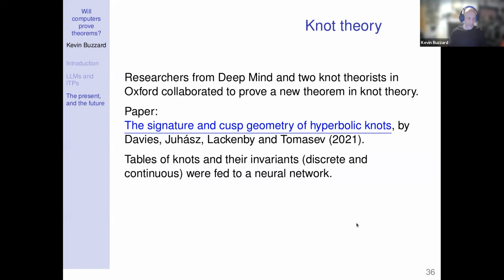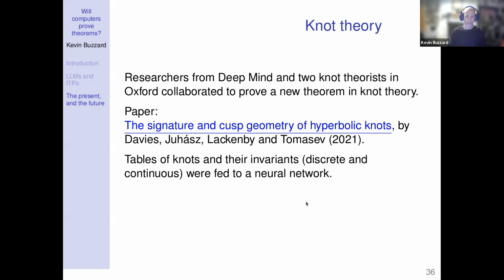And what they did was that they examined large tables of knots and invariants of knots. Invariants of knots come in 2 flavors. There are discrete combinatorial invariants, whose values are integers or polynomials or something. And then there are continuous invariants coming from the hyperbolic side of the story, which are real numbers.